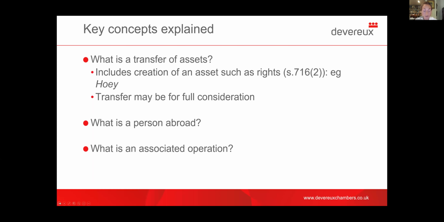I'll refer to those as A and B. And C, the income arising from any assets within paragraph A or B, or any assets directly or indirectly representing that income. And D, the accumulations of income arising from any assets within A or B. And it doesn't matter whether the operation is effected before, after, or at the same time as the transfer.